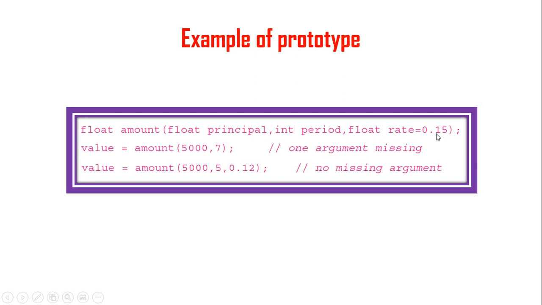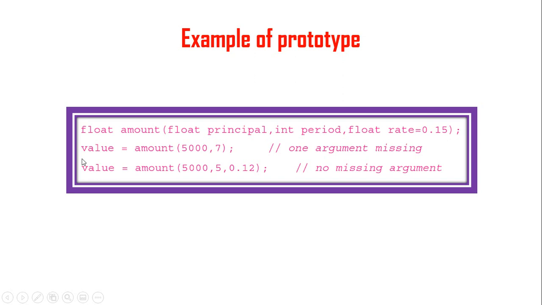Now rate of interest is going to be a common parameter, isn't it? For a year or for a month, or for a particular duration, the rate of interest will be common. Let us say that is 0.15.